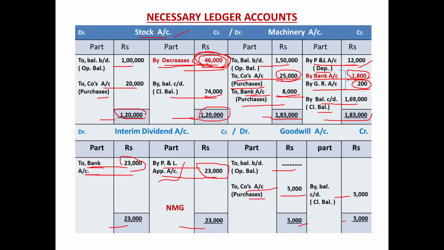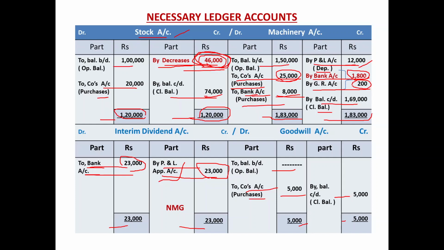What could it be? It must be the selling price of the machinery which has been sold at a loss of rupees 200, and the loss amount was written off to the GR account. It means the cost of this machine must be rupees 2000. That is why a 200 loss took place and the remaining is the selling price.